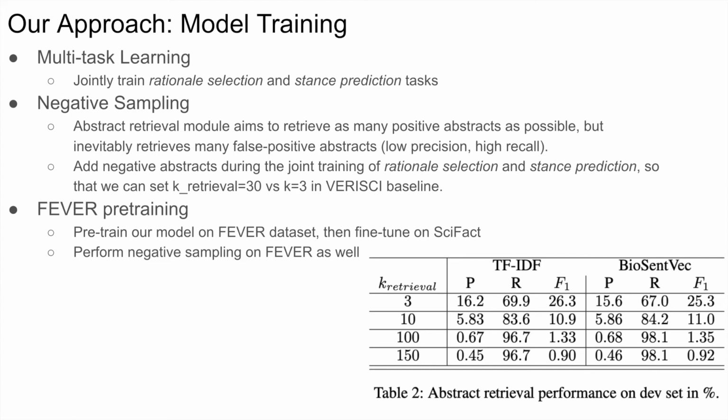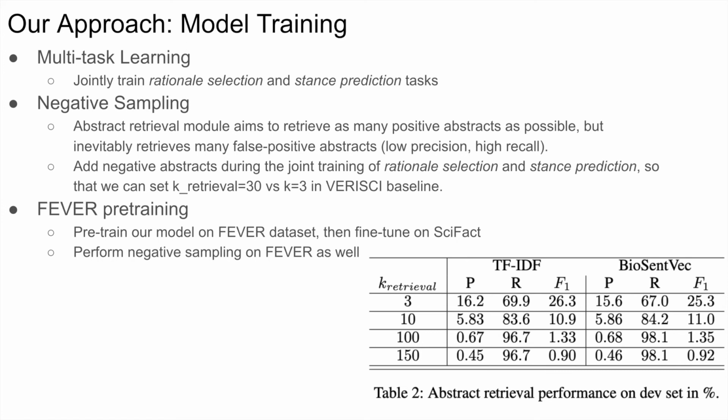The abstract retrieval module aims to retrieve as many positive abstracts as possible, but this inevitably retrieves many false positive abstracts, which results in low precision and high recall performance. As you see in Table 2, as the K value increases, the recall increases, but the precision drastically decreases. We use a large K value in favor of a high recall to retrieve more positive abstracts.